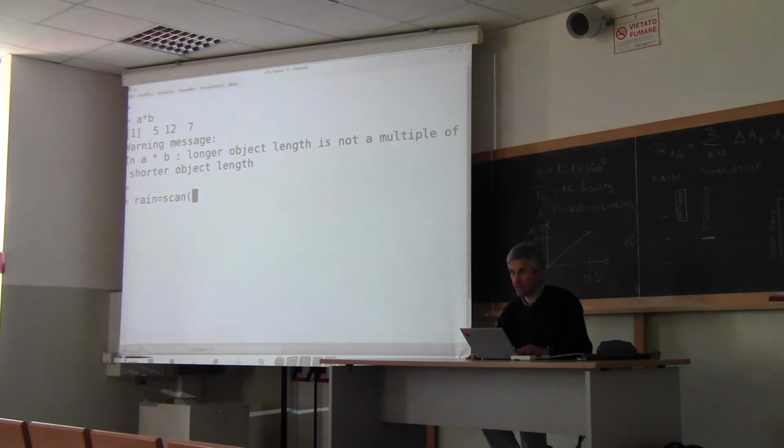Now you have to give the file name. So you open the double quotes, and you see that I found it immediately because I'm working in the same directory where the file is. So I wrote RA and then the tab, and this is what it finds.